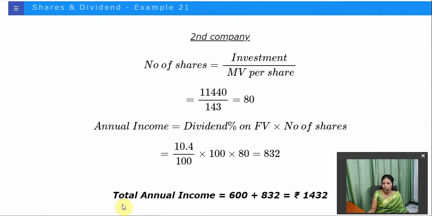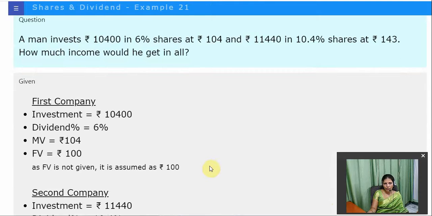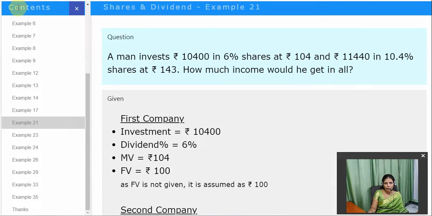The total annual income is equal to the first company income plus the second company income, which is 1432. Clear? So simple a question. You just need to understand logically, that's all. Now shall we go to the next sum? Example 23.